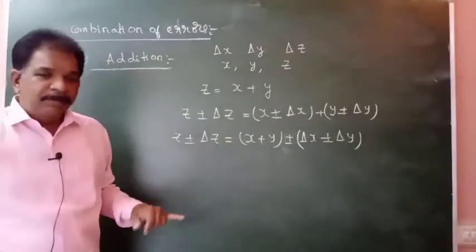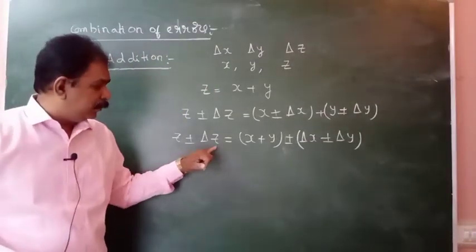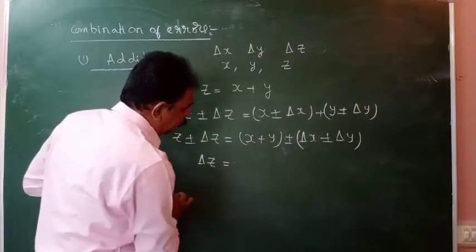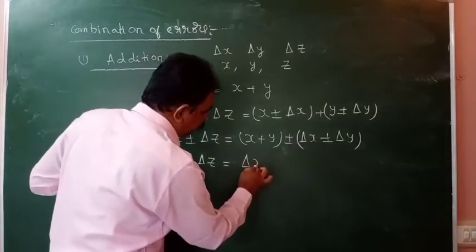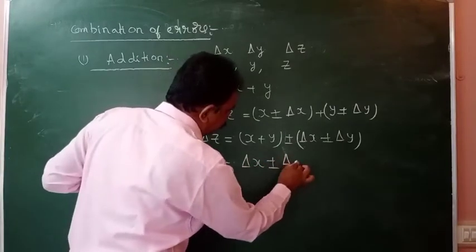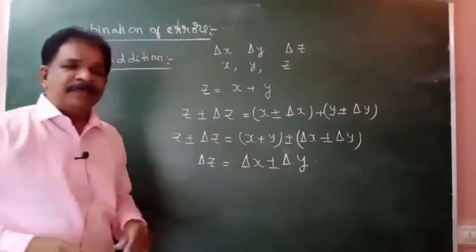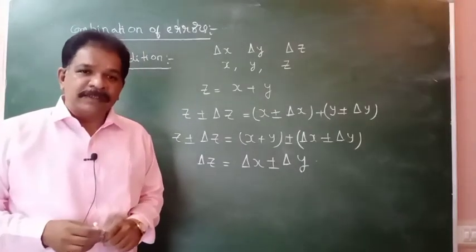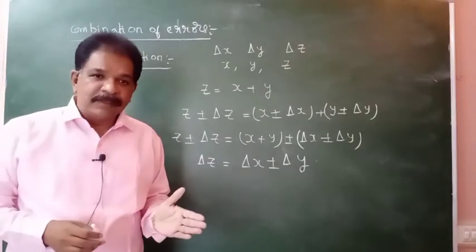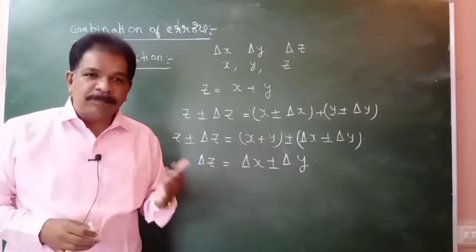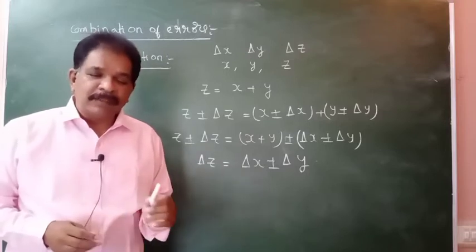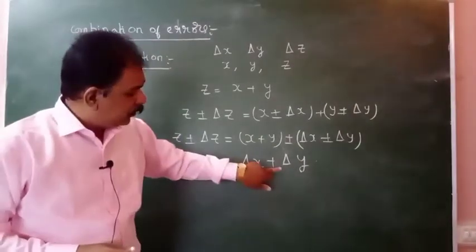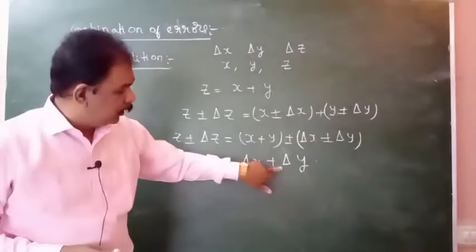Okay. So delta Z, the error in the measurement of Z, is equal to delta x plus or minus delta y. But generally, what they will ask is, what is the maximum possible error in the measurement of Z? So maximum means you have to take it as plus only.